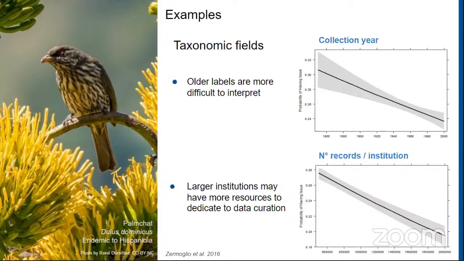And the answer was that the bigger institutions, here bigger means sharing more records, tend to have fewer issues than the small ones. And so this might be due to the fact that larger institutions often have more resources than the small ones, and so they can dedicate those resources to curate the data.